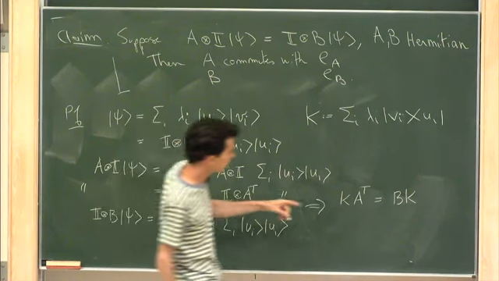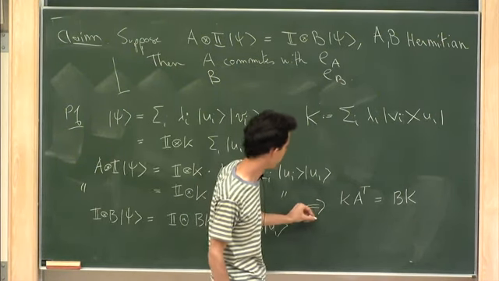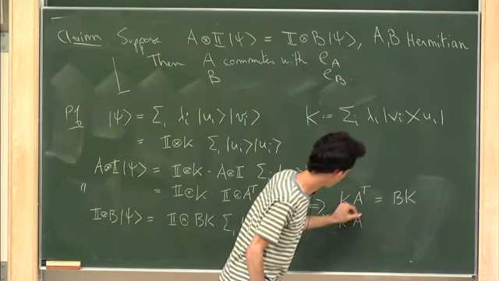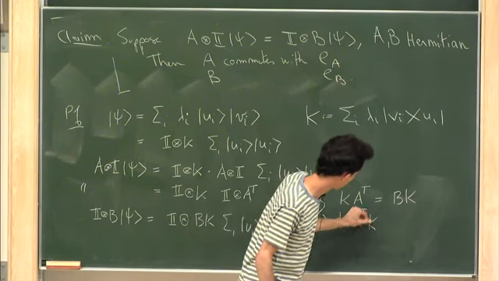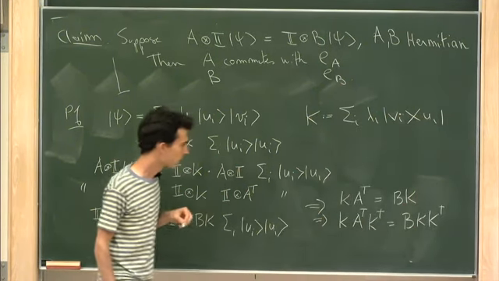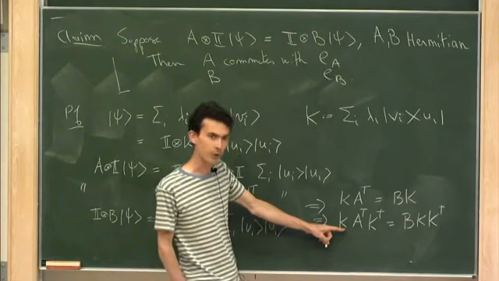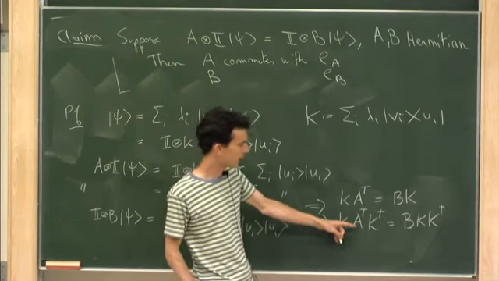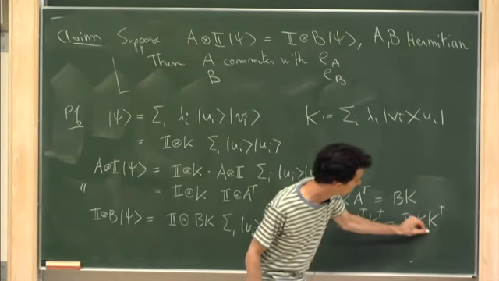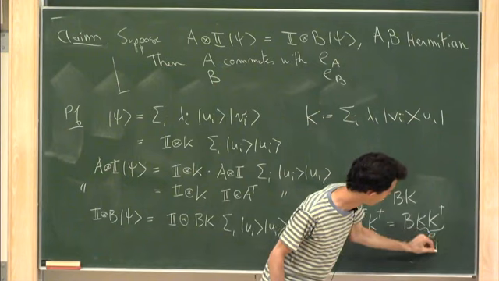Alright. Let's multiply by K dagger on the right hand side. So I'll get that K A transpose K dagger equals B K K dagger. This is a Hermitian matrix. If I take the conjugate transpose, because A is Hermitian, it doesn't change. This here, you can check, you can do the calculation.